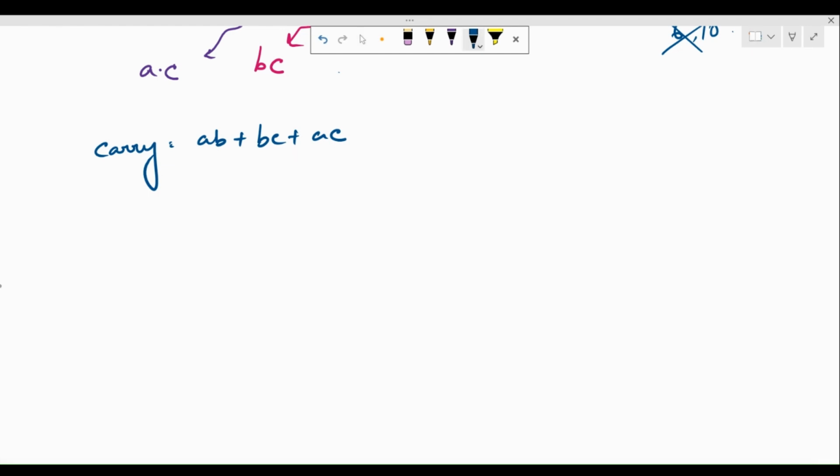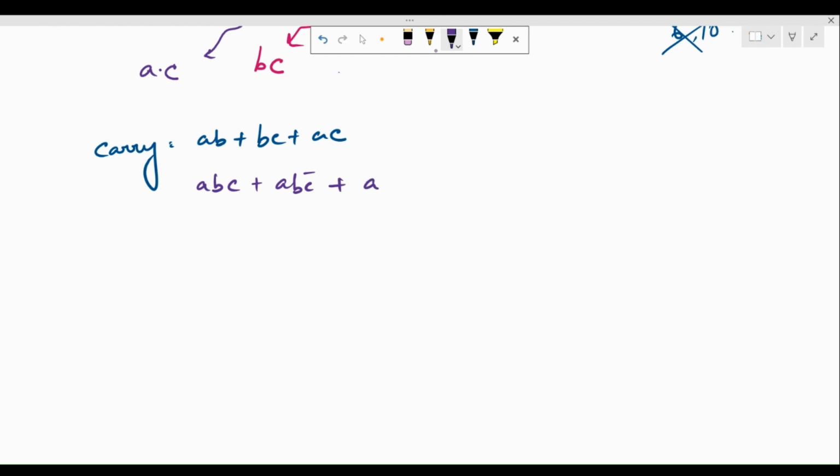So we can simplify this, but for that we need to write out the minterms. So I'm going to rewrite this A, B, C plus A, B, C bar, because I've multiplied C plus C bar with the first term. C is the missing term.